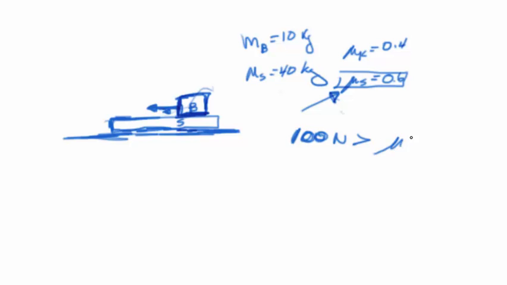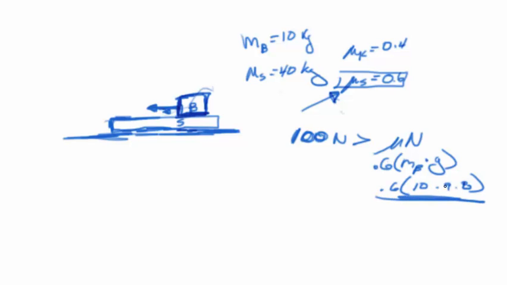Which is mu N, so 0.6 times the normal force, which is the mass of block B times gravity, so 0.6 times 10 times 9.8. It clearly is going to come out less than 100, right? Because 10 times 10 is 100, times 0.6 would be 60. So I think it was like 59 you had in there.